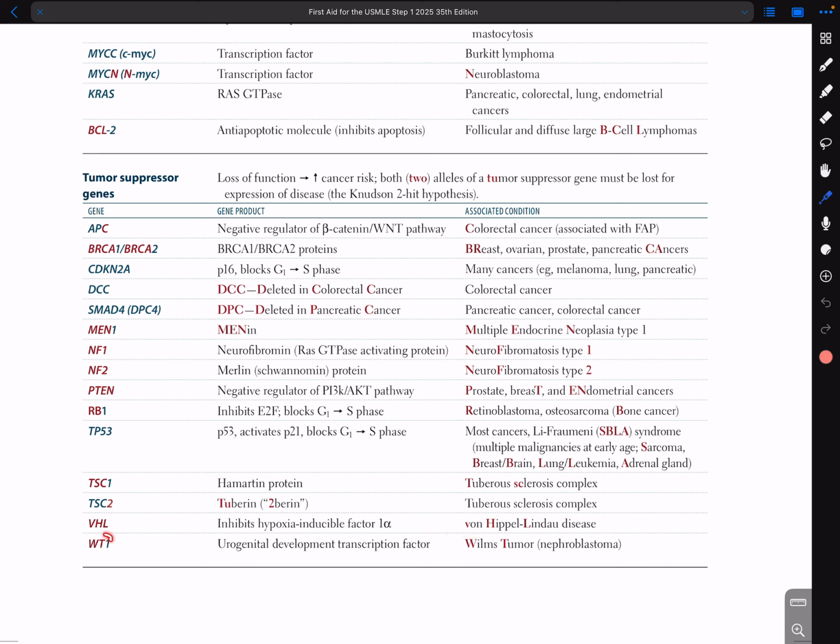Tumor suppressor gene WT1: the gene product is a urogenital development transcription factor, and the associated condition is Wilms tumor, nephroblastoma.